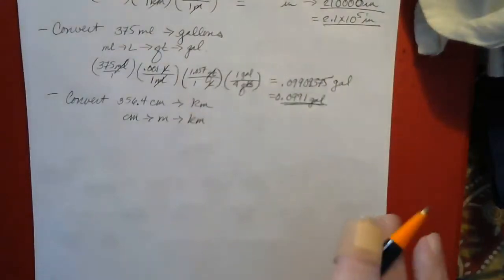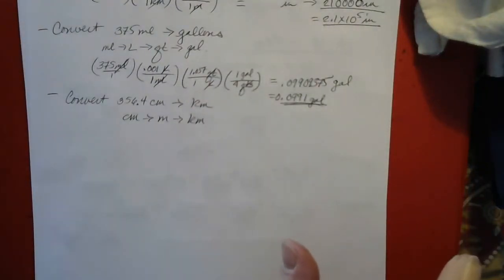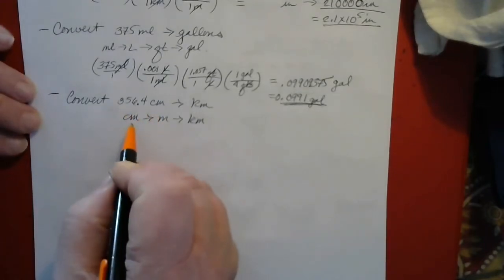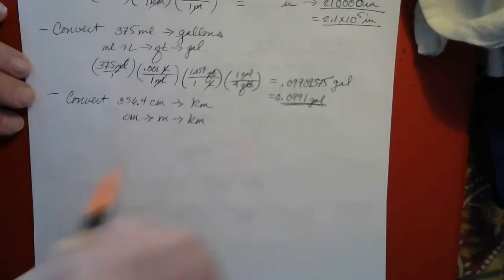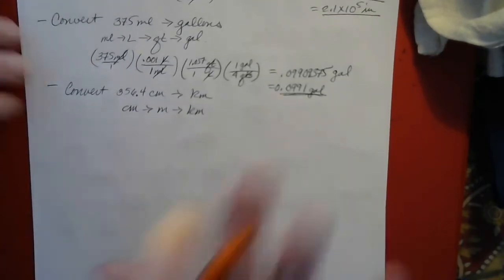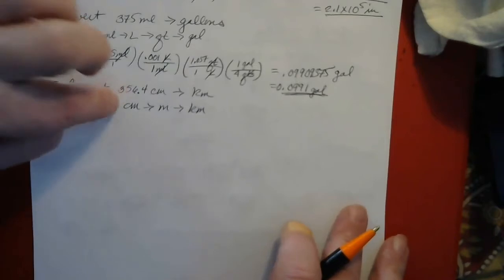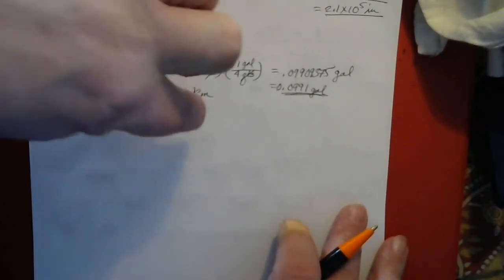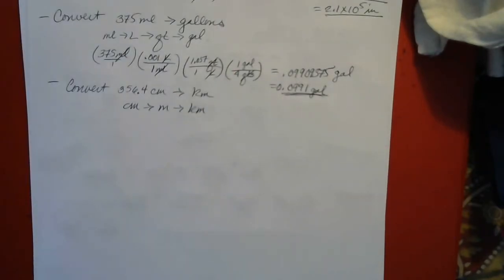They just rely on you to know what the prefixes mean. Trying to combine the values of two prefixes at the same time is really too much to try when you're first still getting used to this kind of stuff. So I would not try that. I would go from centimeters to meters and then meters to kilometers. Now you could do it in 2 steps or you could do it all at once. That's up to you. But I definitely wouldn't try to go directly from centimeters to kilometers all in one go.